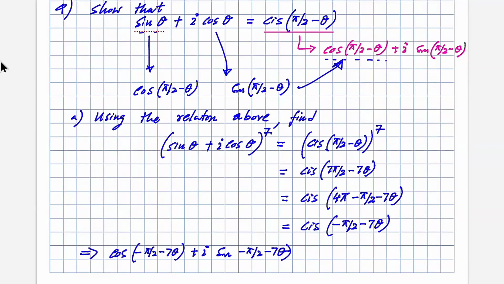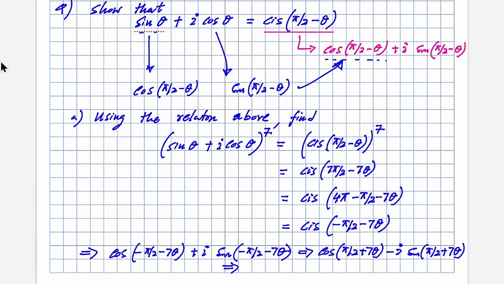Check my calculation. Then we know that cos is an even function. If cos is an even function, you can write pi divided by 2 plus 7 theta. Sine is an odd function. If sine is an odd function, you take I minus out. So pi divided by 2 plus 7 theta. Is that right?